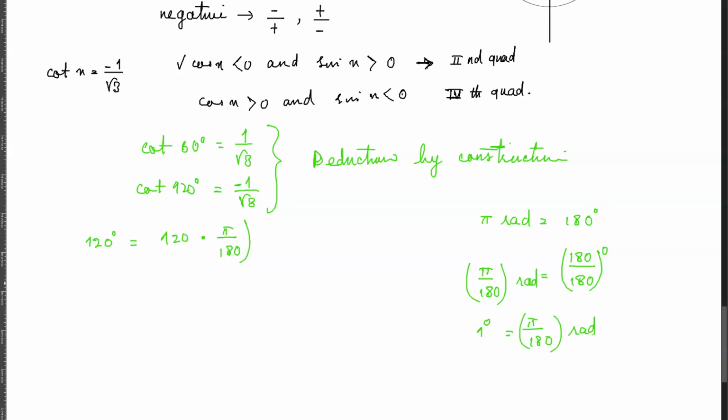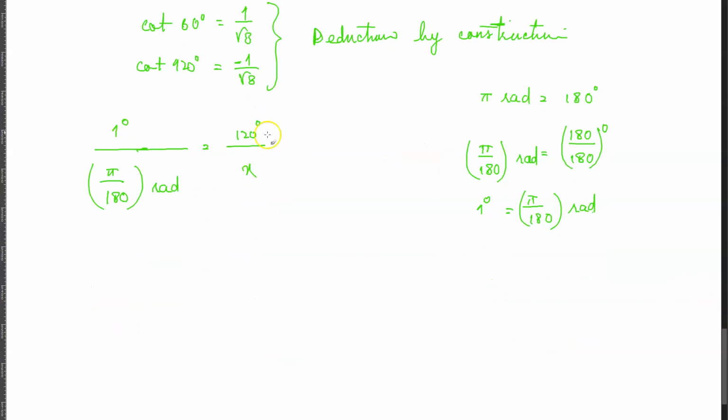Of course, let me actually set up a proportion. 1 degree is the same thing as pi divided by 180 in radians, which means that for 120 degrees, if I take this as x, then I can cross multiply here, meaning that x times this is equal to this times this, which gives me x equal to 120 times pi divided by 180 divided by 1, all in radians.